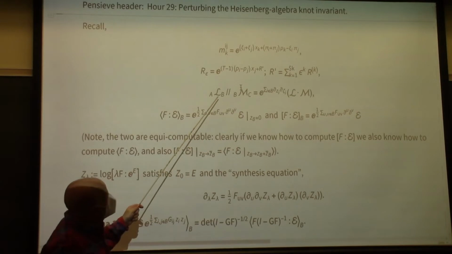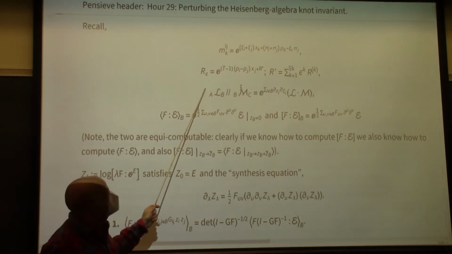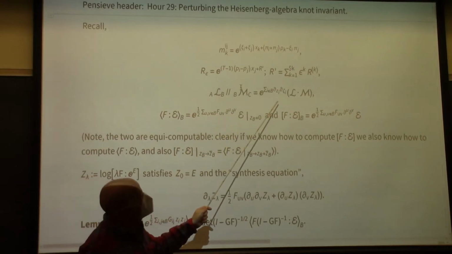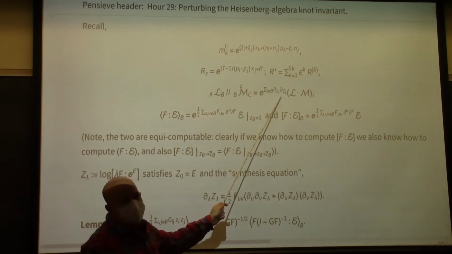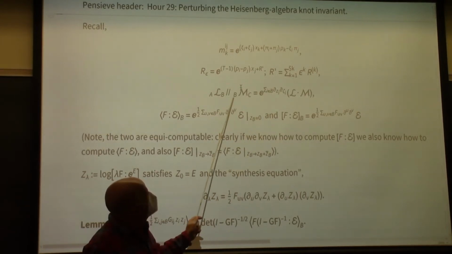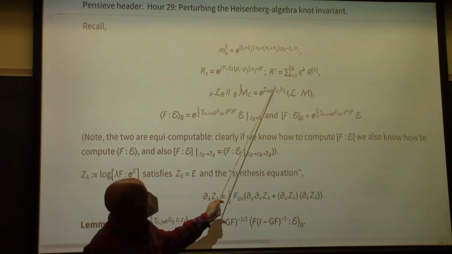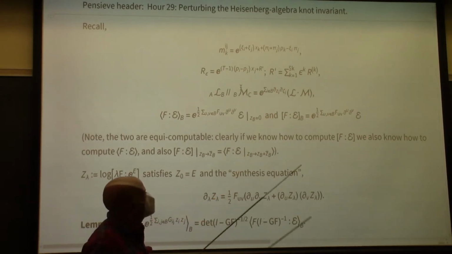Anyway, let me also remind you that the composition of two generating functions is given by, well, you multiply them and you apply this infinite order differential operator, sum over all indices in the middle set, B, of differentiation with respect to the Latin letter corresponding and the Greek letter corresponding.